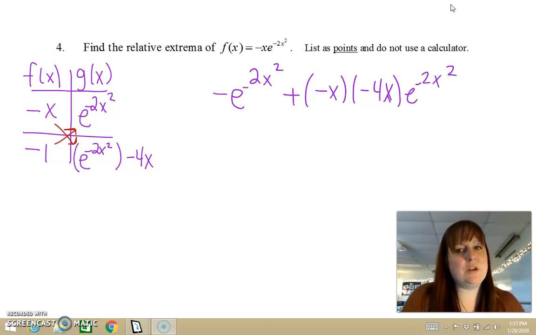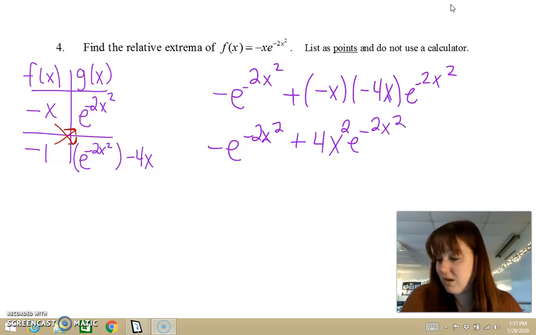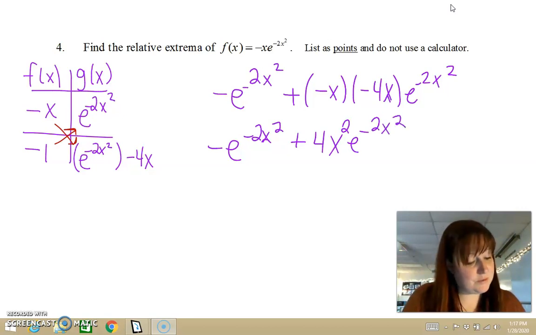Instead of trying to do all those negatives in my head, I just decided to write them down just in case. So I have negative e to the negative 2x squared, and those two negatives cancel each other out, and I end up with 4x squared e to the negative 2x squared. So then, that's my derivative.